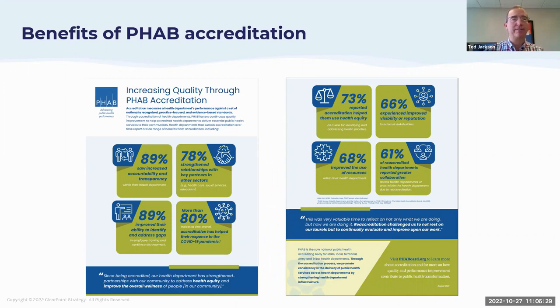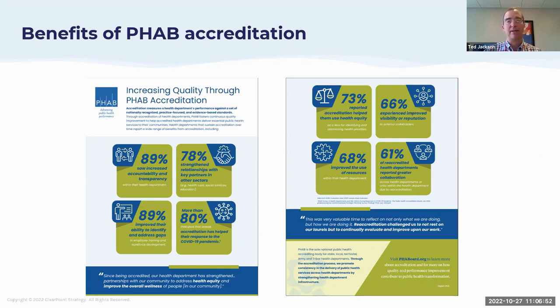You see increases in accountability and transparency, better relationships with partners, looking for gaps in their public health processes and to be able to address those gaps and help their response to the pandemic, et cetera, et cetera.